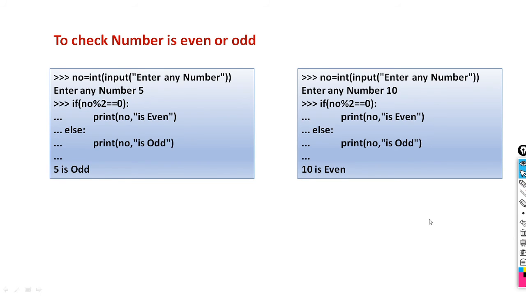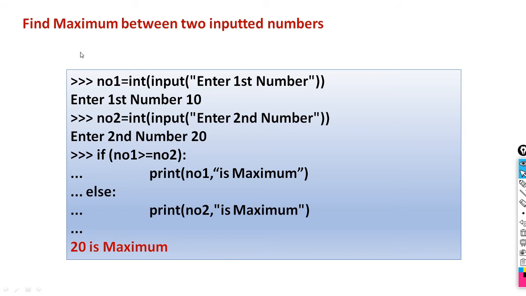Next example, find maximum between two inputted numbers. How can we find out maximum between two numbers? Suppose someone has given you two numbers, 10 and 20, and said find out the maximum between the two.